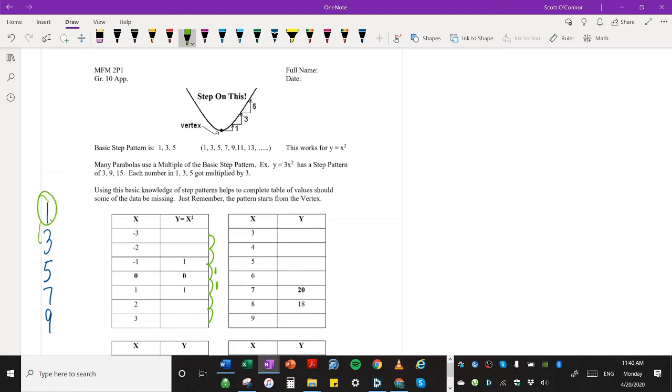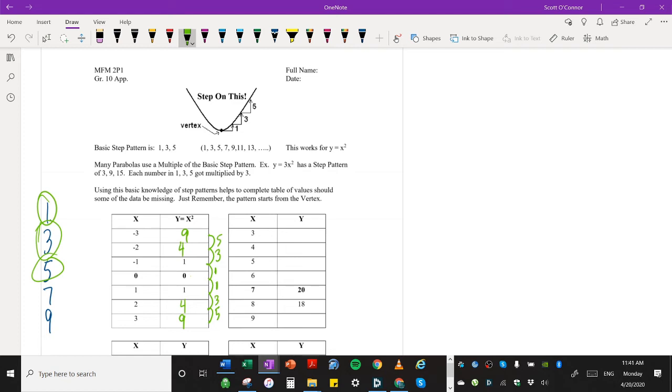Now I follow the pattern. Here's 3, so this has got to be 3. I follow the pattern, so now we have 5. 1, 3, 5. And then on the other side, exact same, 1, 3, 5. So this is 4, this is 9, this is 4, and this is 9. Literally, we just did that. I just wanted to show you that pattern again.